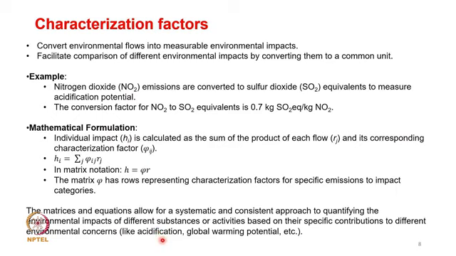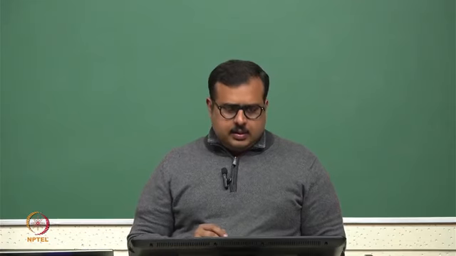For instance, one such characterization is acidification, and the other one is global warming potential, and we will see that in the coming slide. So these are commonly known environmental impacts. For instance, we know that global warming is going to increase the temperature of the earth and eventually relate to climate change.